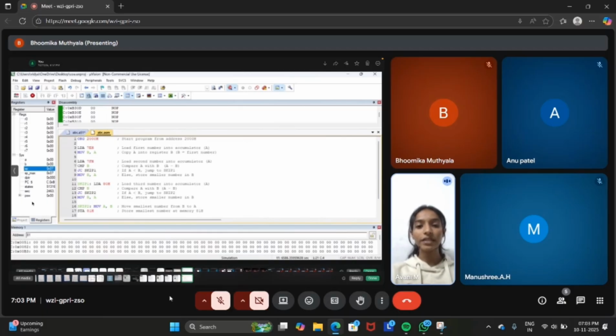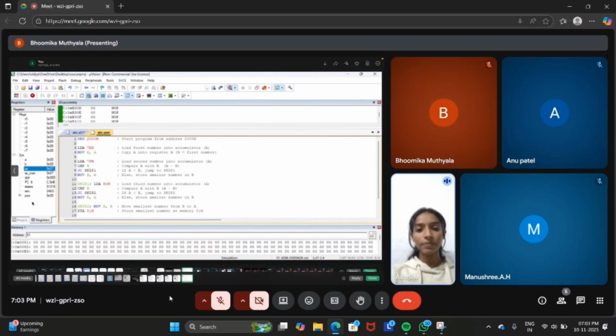The algorithm employed is a simple sequential comparison where the first number is assumed to be the smallest initially, and then the second and third numbers are compared against this running minimum, replacing it if a smaller number is found.